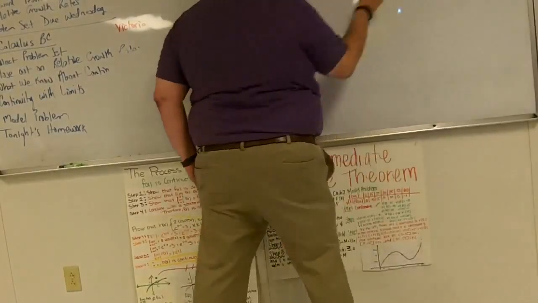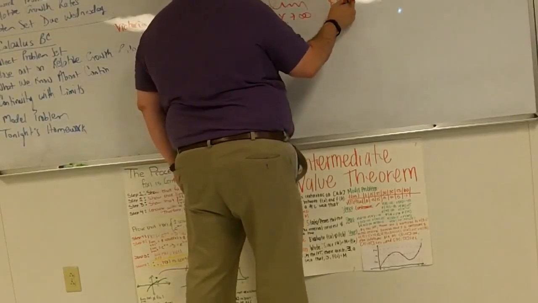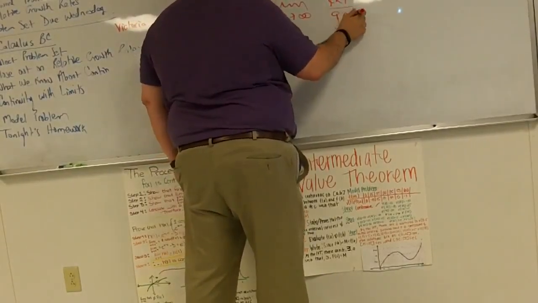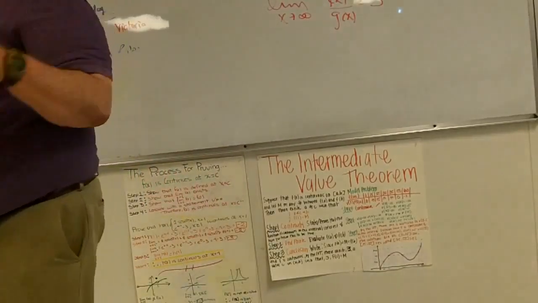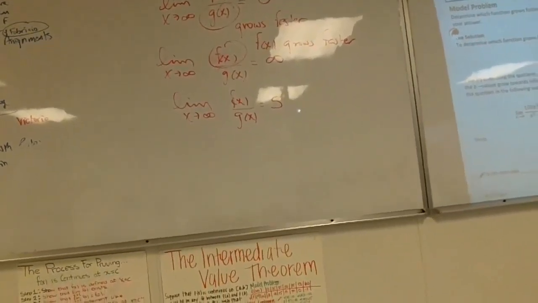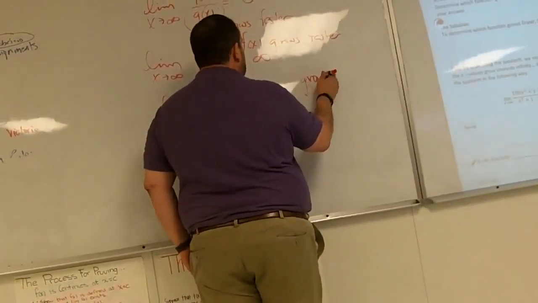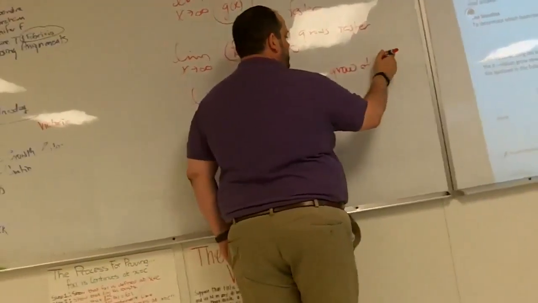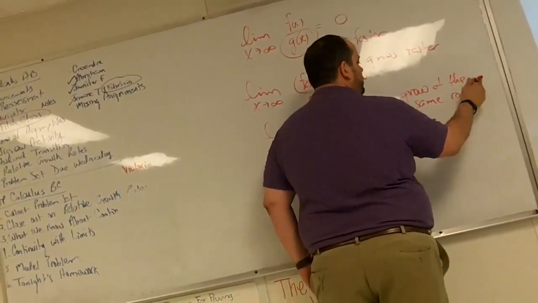And if I take the limit as x approaches infinity of f of x over g of x, and I get something like 5, not 0, not infinity, 5, your conclusion? They grow at the same rate. Is that the slope then? Nope, good question. No, and we'll talk about that more tomorrow. They grow at the same rate.